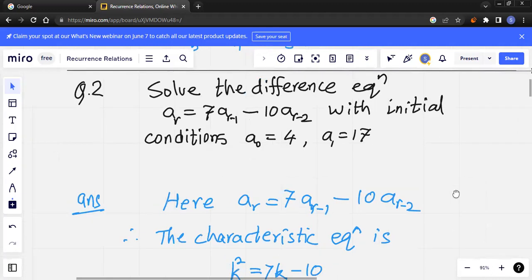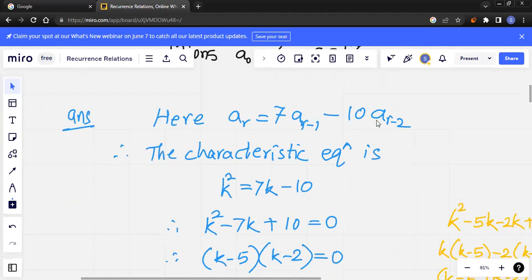The characteristic equation we can write as follows. This is just one step ahead and one step ahead, so I can write this a_r as k square, equal to 7k minus 10. I would like to reiterate the same.